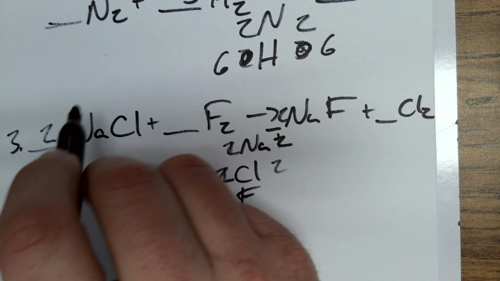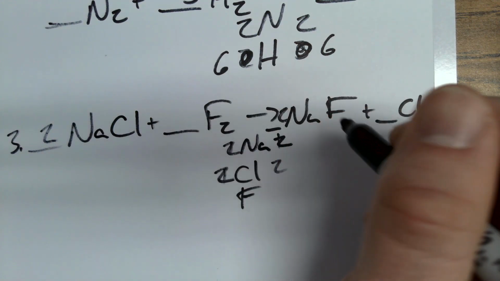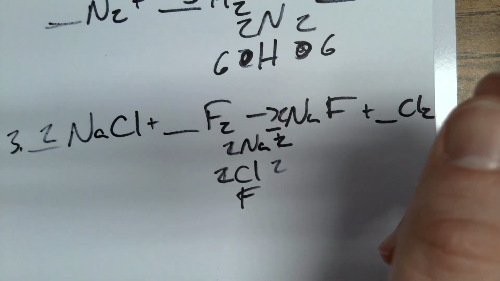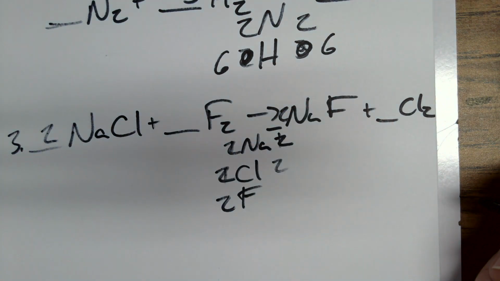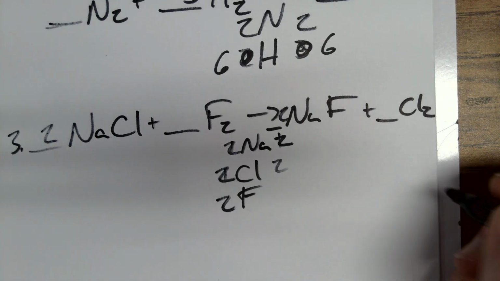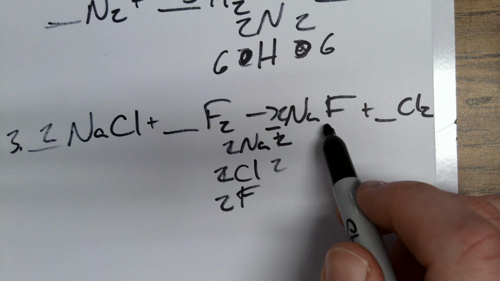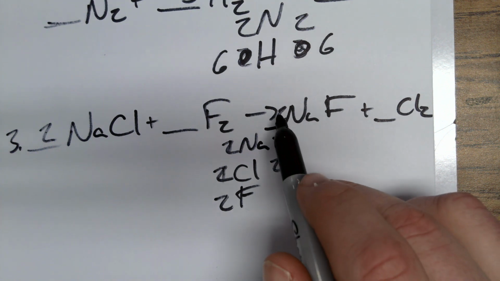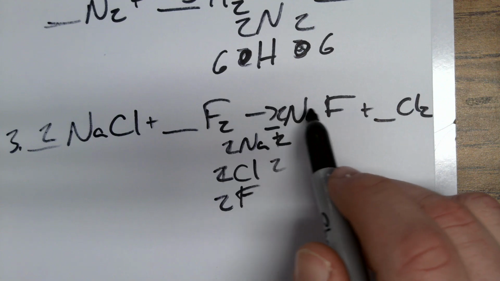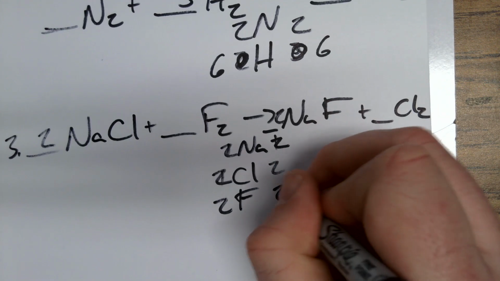So, what about my fluorine? I have 2 fluorine in my reactants. How many fluorines do I have in my product? Do I have 1, 2, 3, or 4 fluorines over on my product side? 1. No, I don't. There's a 2. 2 times 1 equals 2.